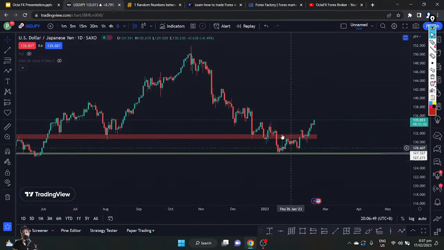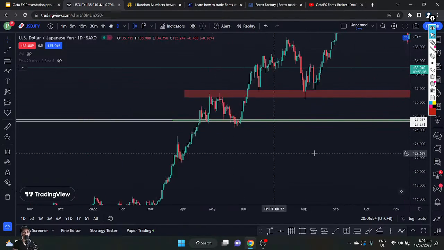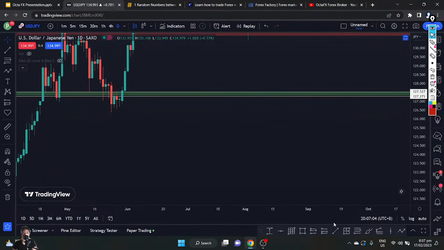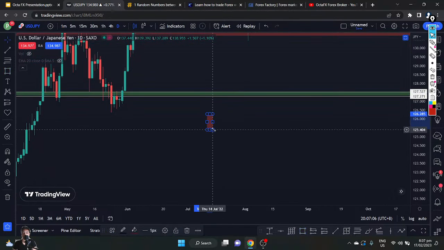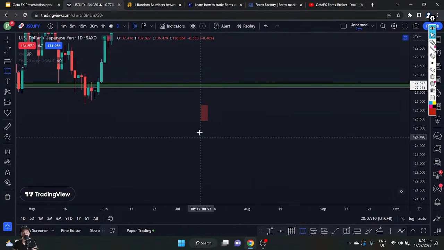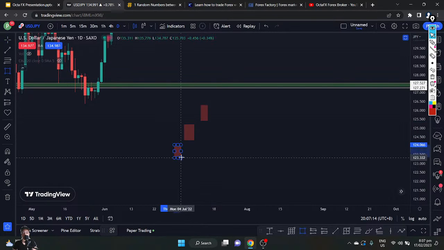I saw that the price is going down, then I saw that we have some imbalance right here. So for the sake of the beginners, imbalance is where the price has a structure like this. So let me just draw the imbalance pattern.